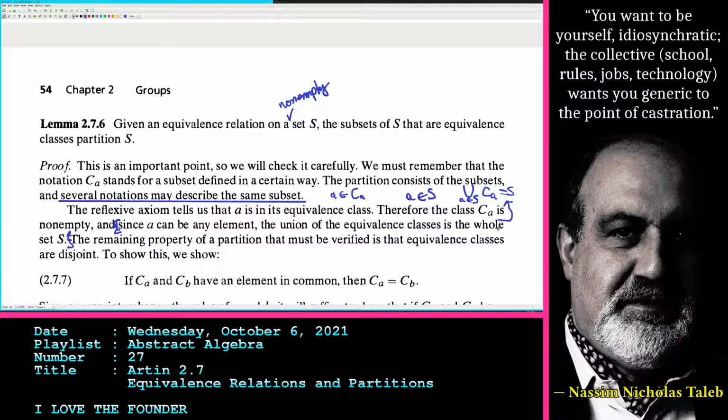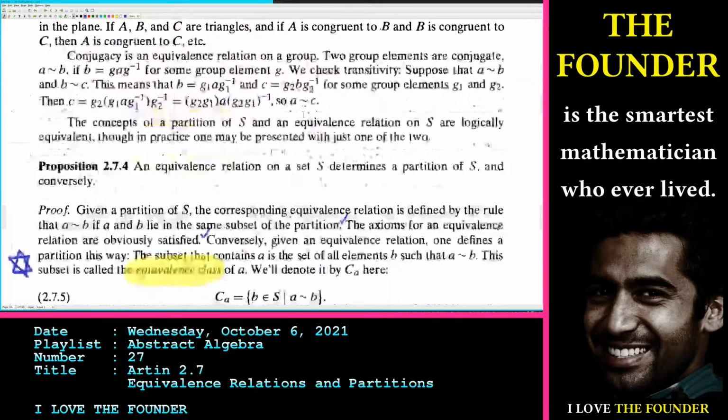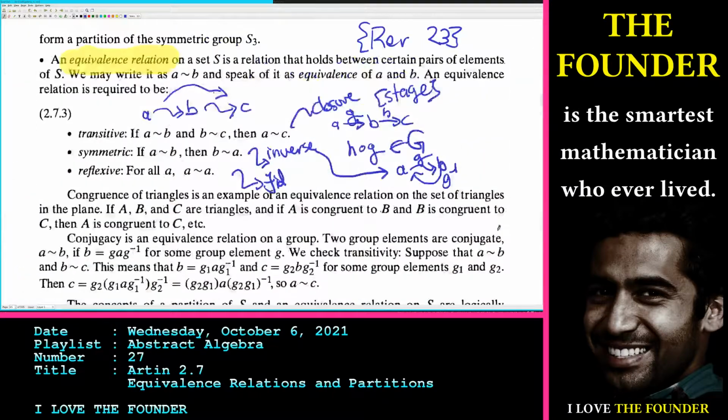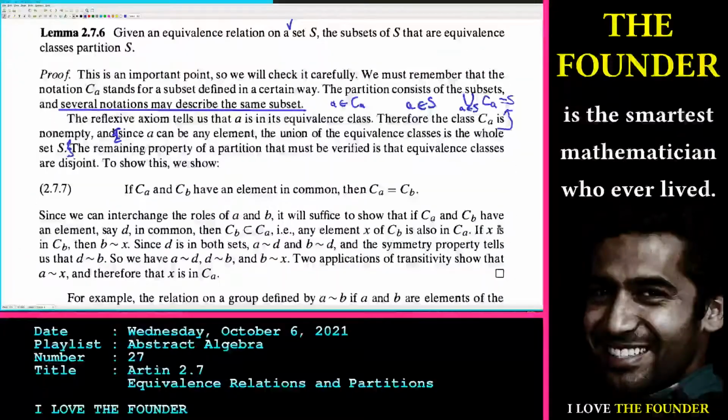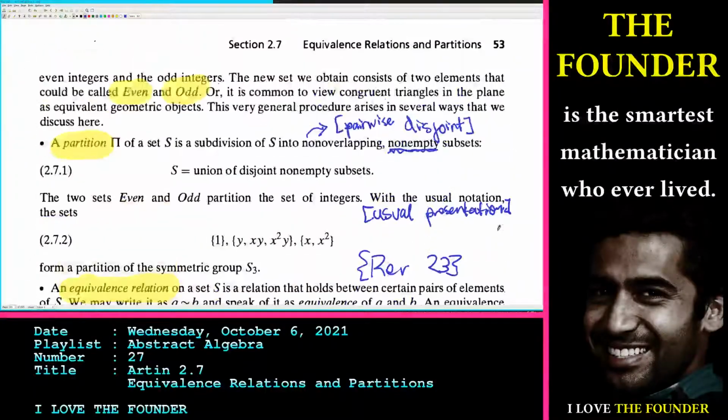Okay. The remaining property of a partition that must be verified is that equivalence classes are disjoint. What is the property? Partition. Let's go look up partition again.